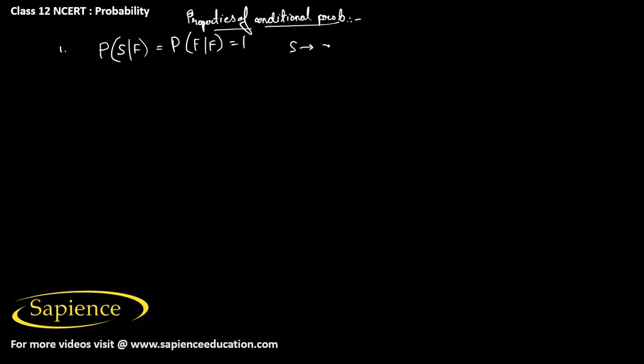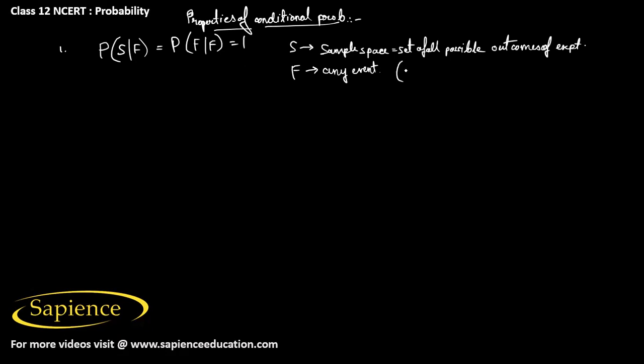Here S is the sample space, the set of all possible outcomes of the random experiment. And F is any event, and F should be a subset of the sample space.